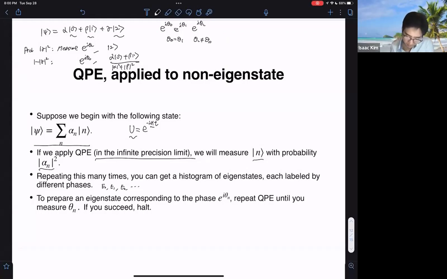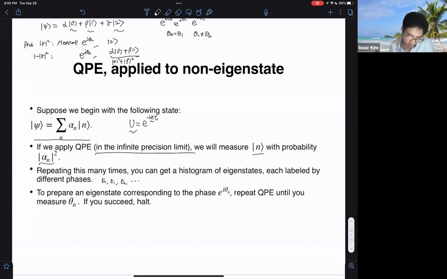More generally, let's say you have measured all these energies, so now you have a good idea of the distribution of the energies. If you want to prepare an eigenstate corresponding to a given eigenvalue, you again prepare the state, apply quantum phase estimation, and repeat until you get this measurement outcome.